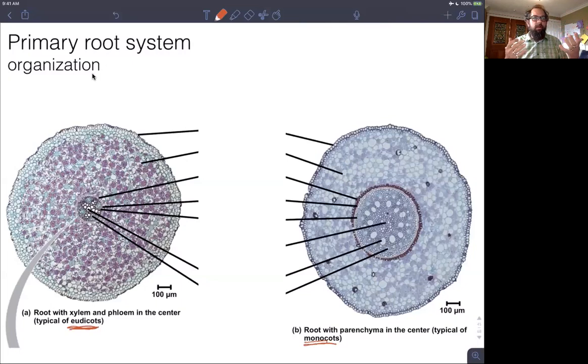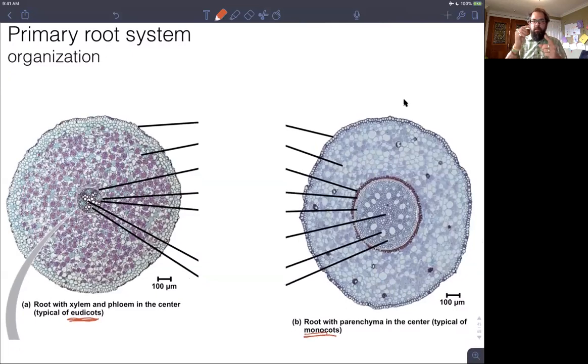And so in a lot of these slides, when I'm looking at shoot systems and root systems, I'm going to be showing you what we see in monocots and what we see in dicots. So on the left here is eudicots, and on the right-hand side, we have monocots, but we can label those same parts throughout. And so if we look at the primary organization of these root systems, these are cross sections.